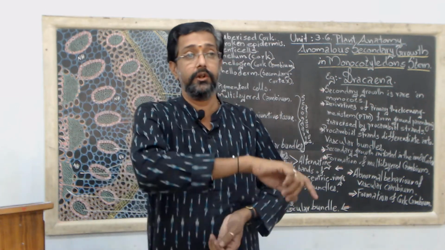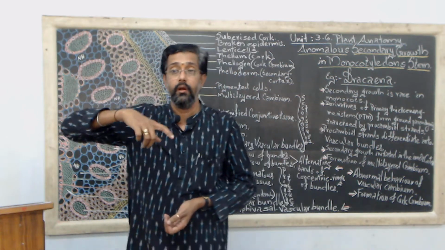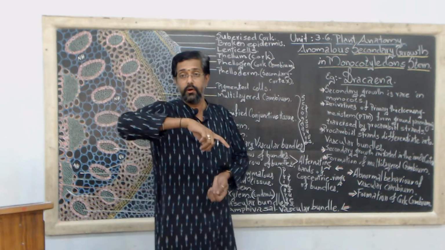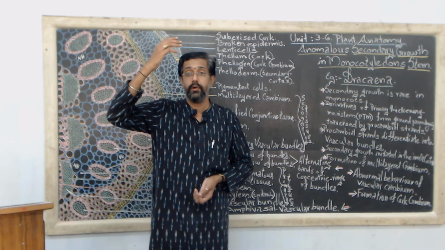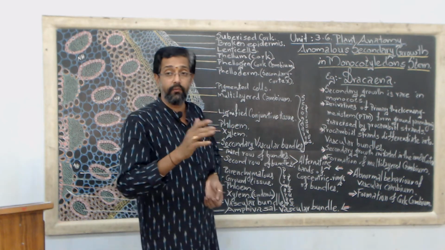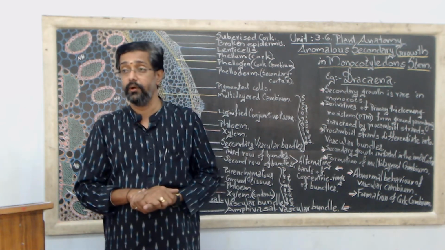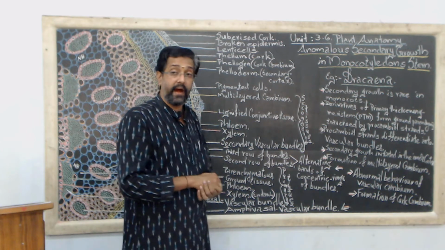That is, it is clearly formed as a concentric ring in the outer cortex, or outer to the early formed vascular bundles. Why these alternating bands?